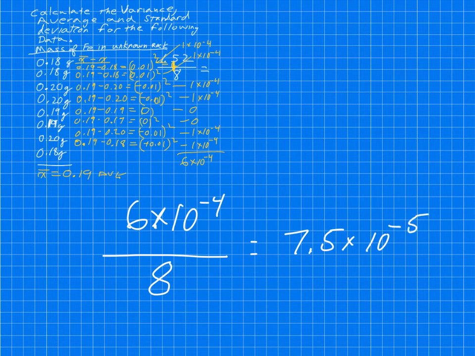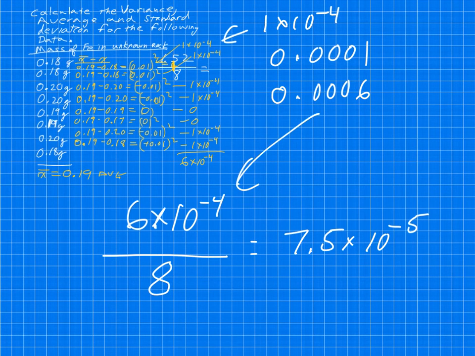Oh, just so you'll know, 1 times 10 to the negative fourth, if I wrote it out the long way, would be 0.0001, right? And that would be my 6 times 10 to the negative fourth, yes?